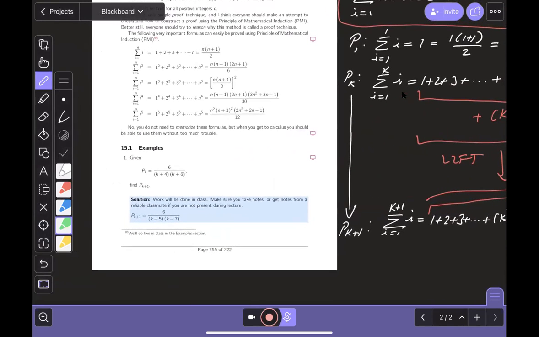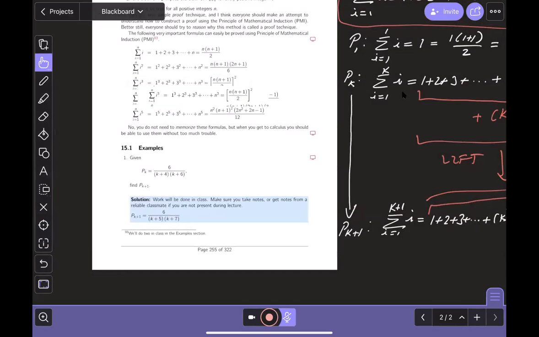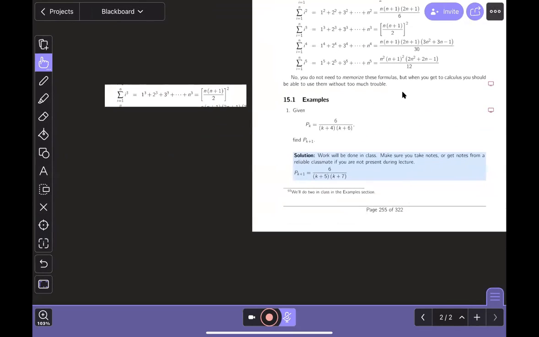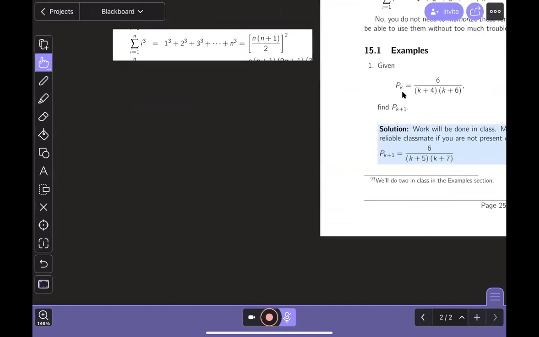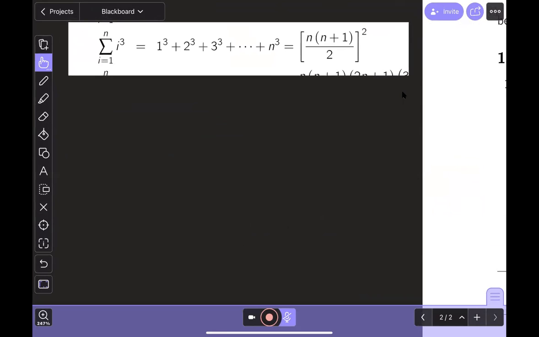Let me pull this one over to the side and get rid of this stuff over here. Again, we're not doing it, we're just talking about what the structure looks like. The first thing I'd like to write down is, what does P(n) look like?